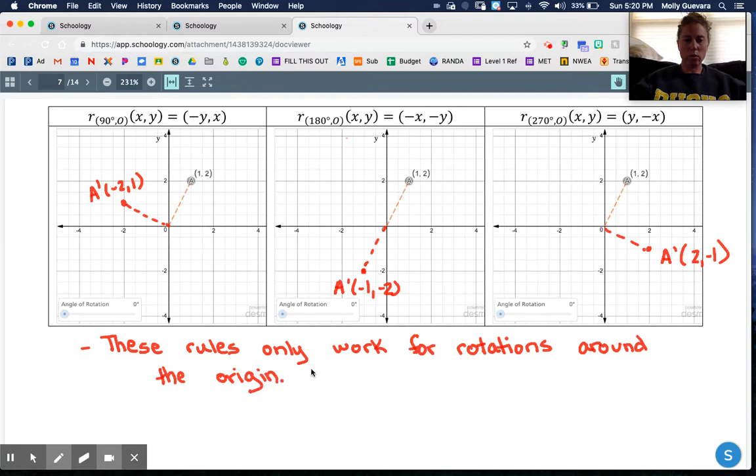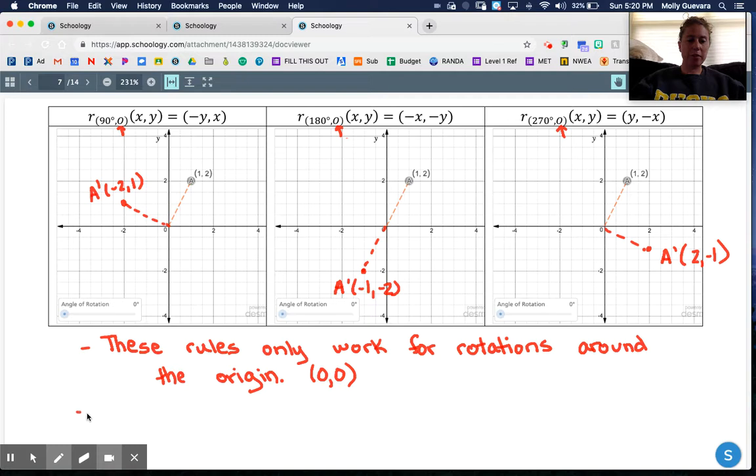And again, the origin is that point 0, 0. So if I ask you to rotate around this point, these rules don't apply. You cannot use them. Okay, you can only use the rules if you are rotating around the origin, which in this case, all 3 of these were, right? Because that second term there in the parentheses is an O for origin.